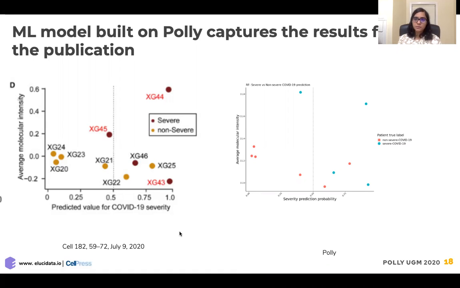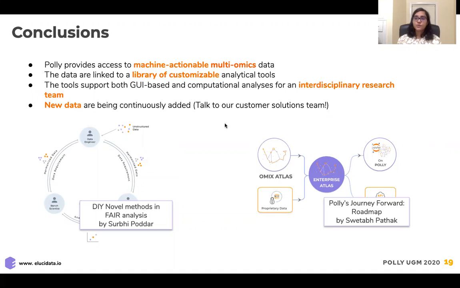So to conclude, Poly provides access to machine actionable multi-omics data. We saw that today with the data lakes, where different kinds of omics data can be present in one place. These data sets are tagged with controlled vocabularies, and they're already made analysis ready, so you can build ML models on top. These data are also linked to a library of customizable and dynamic analytical tools.